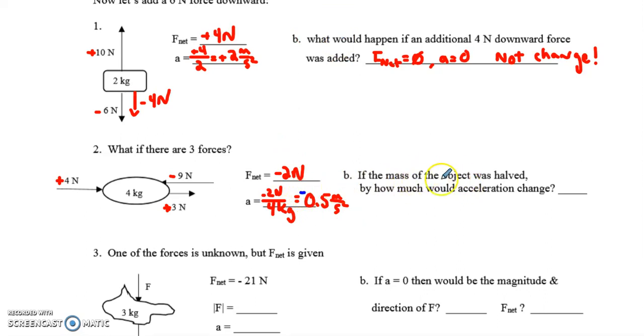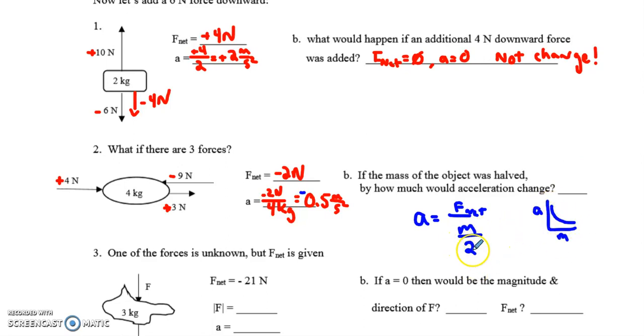Okay. If the mass of the object was cut in half, by how much would the acceleration change? Well, this is a proportion problem. Right? So if I cut the mass in half, that's the mass going down by a factor of 2. And one of the important things that we saw from the lab is that acceleration and mass have an inverse relationship.